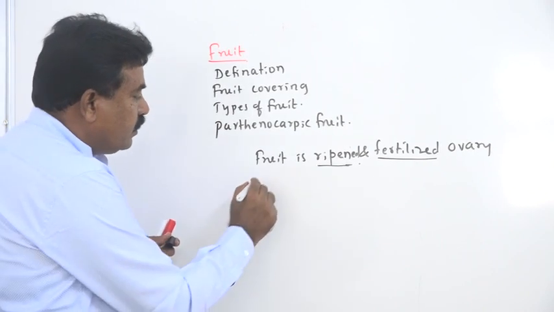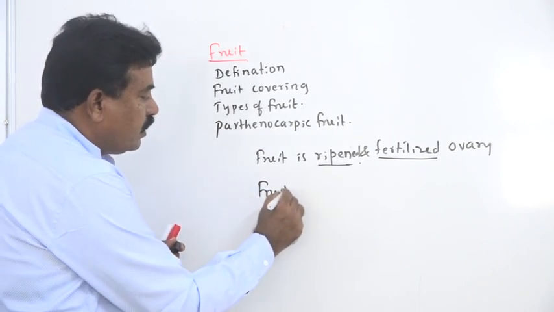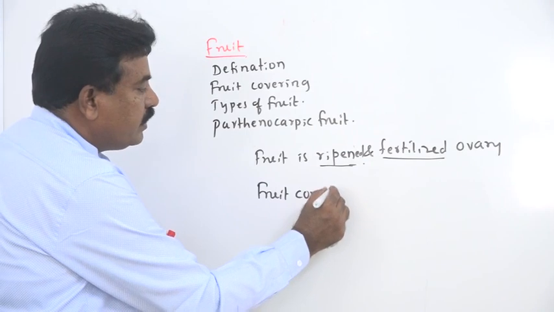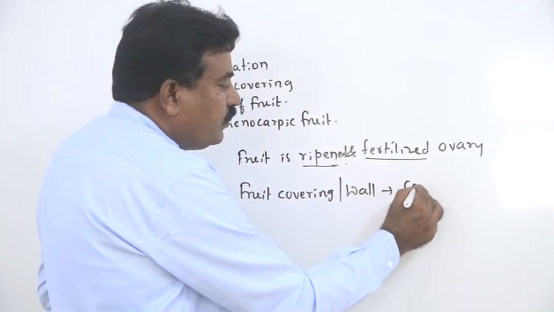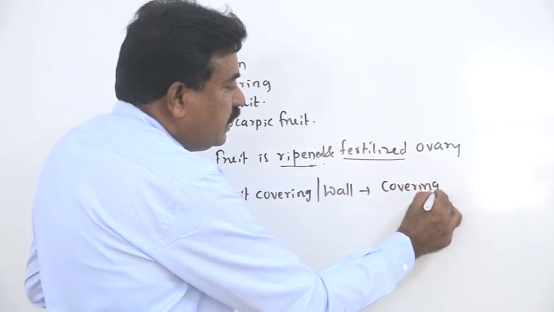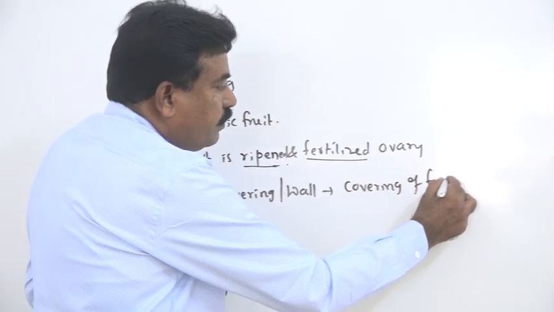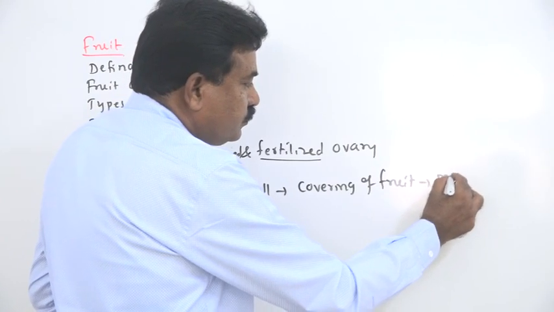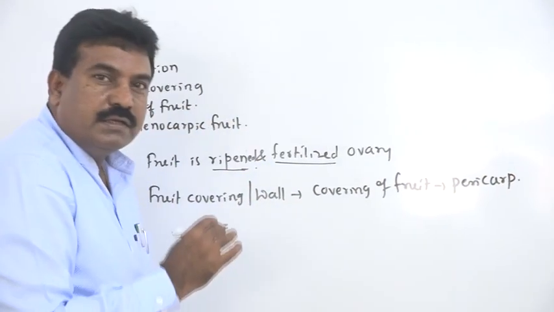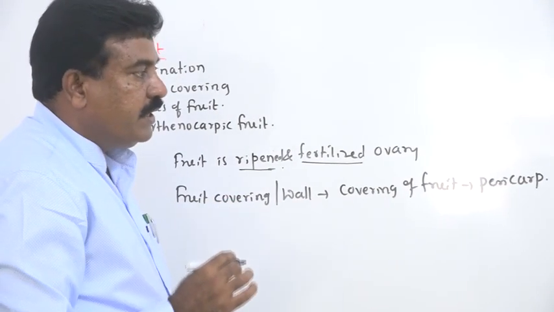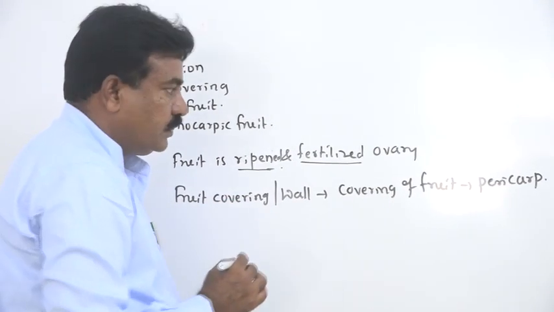Then, if you consider fruit covering, or in other words fruit walls, the covering of the fruit is generally called the pericarp. Peri refers to periphery, the outer covering, and carpus refers to fruit.